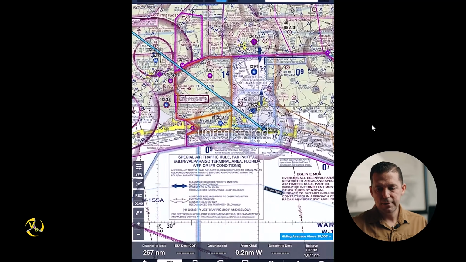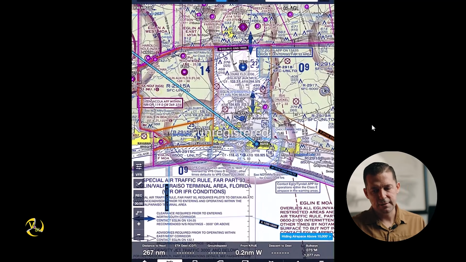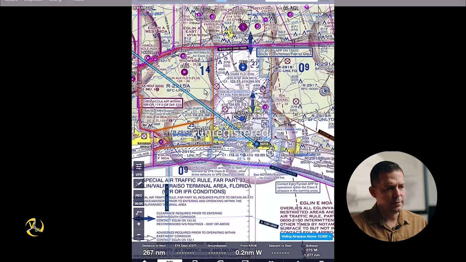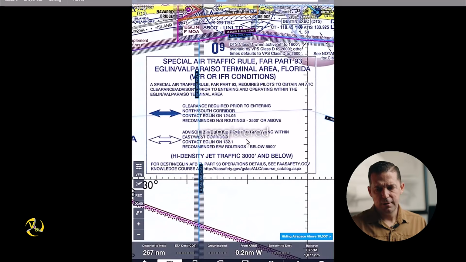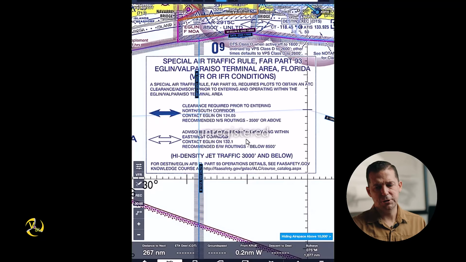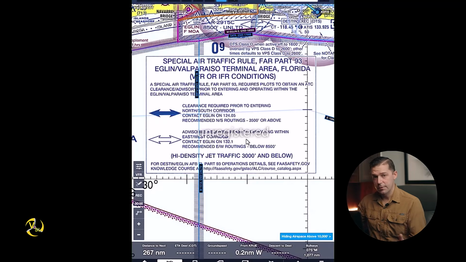So we can see that the destined area in this case is white. It's changed colors slightly here, right? It goes from this green to white, and if we zoom out, we can see down here we have a text box in the Gulf of Mexico called Special Air Traffic Rule, FAR Part 93. Remember that from our knowledge topic. We have FAR 93, and then it has a blue arrow and a white arrow.